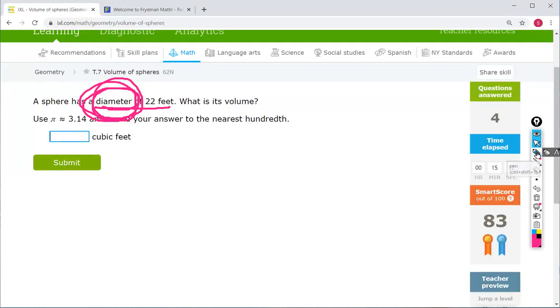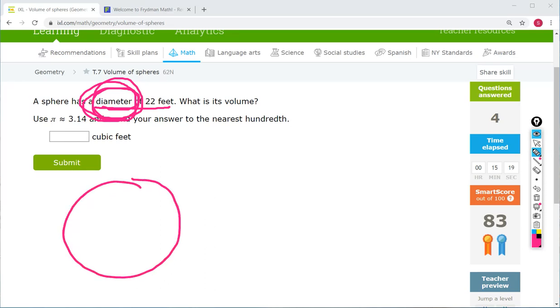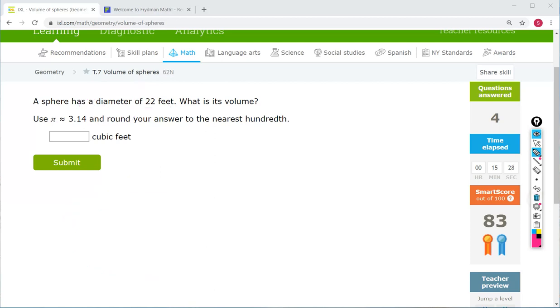So if we were to draw a picture of this sphere here, well, I'll try to make it look sort of three-dimensional. I'm not doing a very good job. Let me try that again.